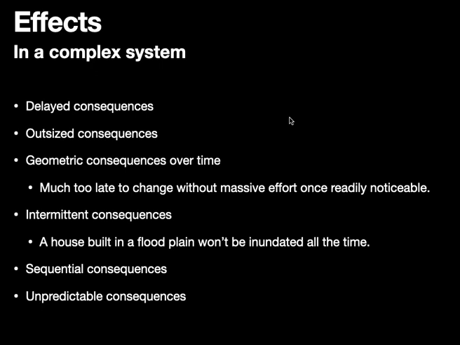To finish out the thoughts about geometric consequences, the fact is that by the time normal people notice that something geometric is happening, the cost to do anything about it will far exceed what any normal person is willing to do. And that's a problem.